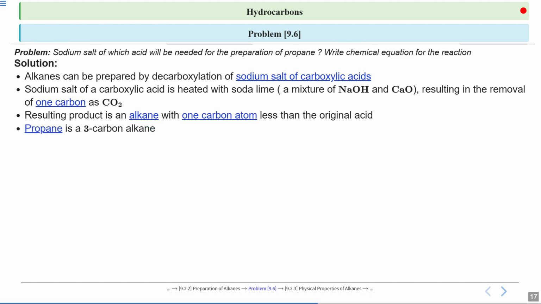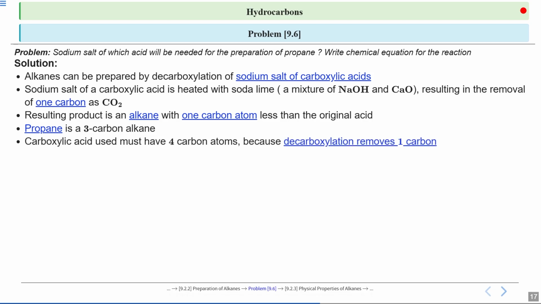So, propane, the alkane which we want to prepare, contains 3 carbon atoms. This information helps us to determine the number of carbon atoms needed in the starting carboxylic acid. So, what should it be? Since decarboxylation removes one carbon atom, the carboxylic acid with which we are starting must have 4 carbon atoms. This deduction is essential for selecting the correct acid.